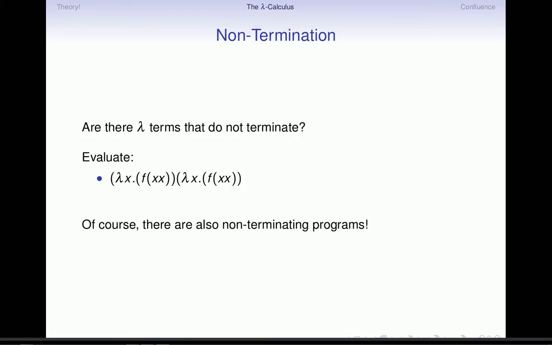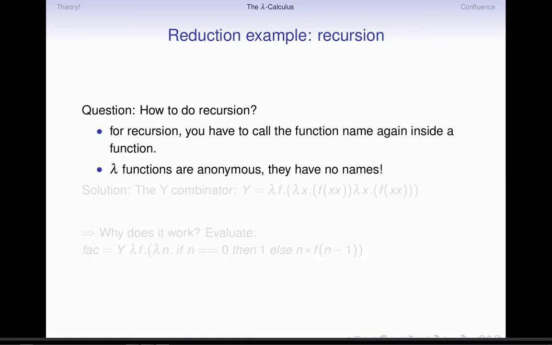Pause the video, grab a piece of paper and a pencil and try to evaluate this function for a few steps. You will find out that there are also non-terminating lambda abstractions, just as there are non-terminating programs.